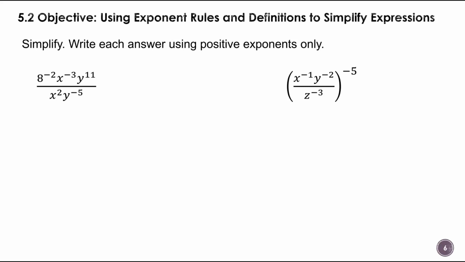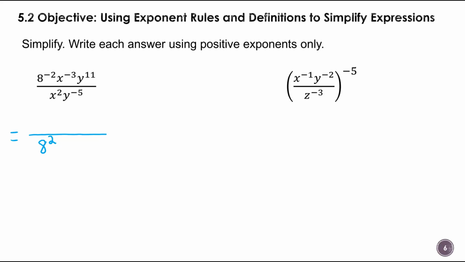Now, one way that you can work with this is to rewrite all your negative exponents as positive. So that's the way I'm going to go with this one, just because I'm trying to show you different ways to get started. So let's start here. All right, so the 8 goes to the denominator with a positive 2 exponent.